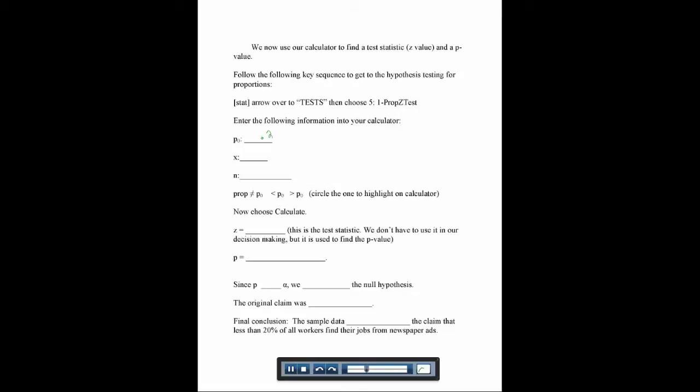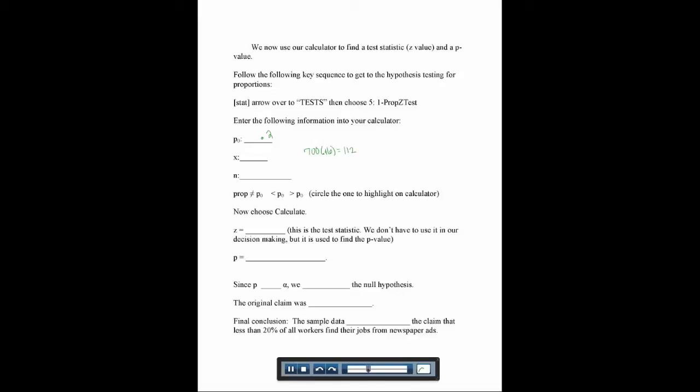Now our x is how many people in our sample found their jobs from newspaper ads. We weren't given that information, but we can find our x. We were given that we had 700 workers and 16% found their jobs. So we're going to take 16% of 700, which is 112.